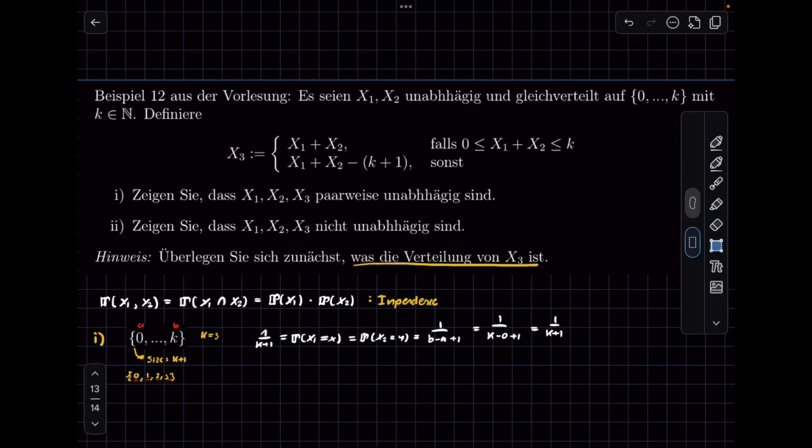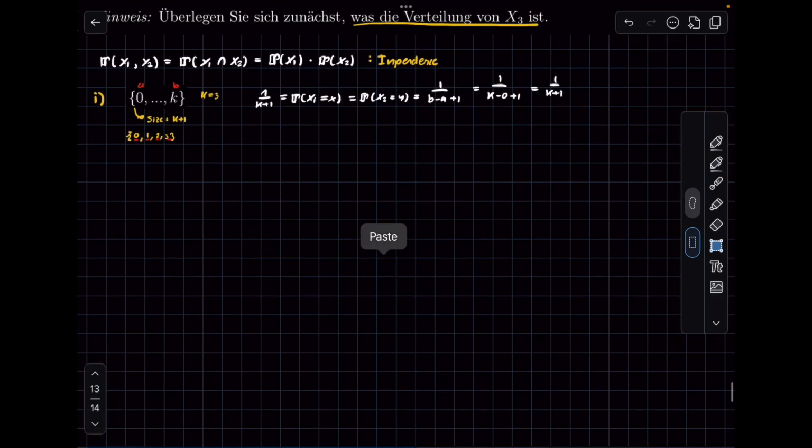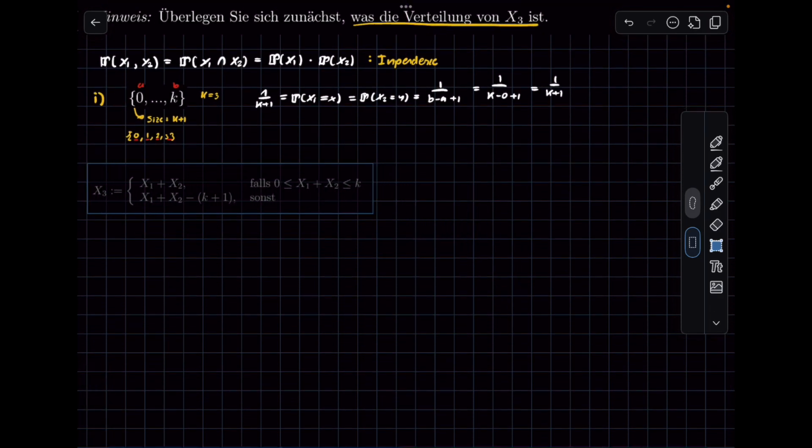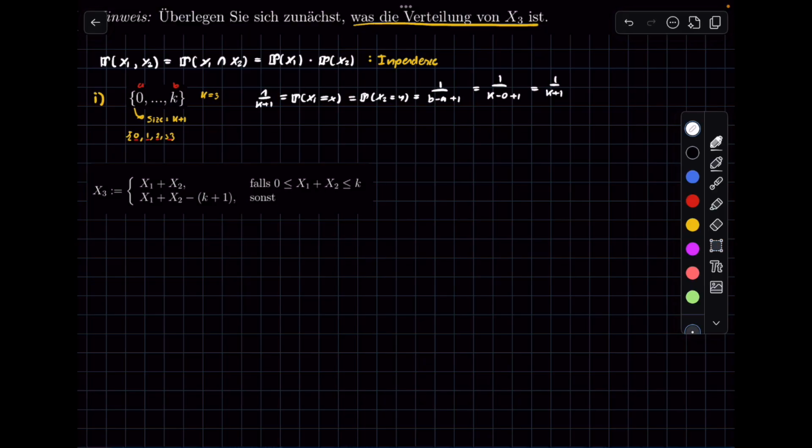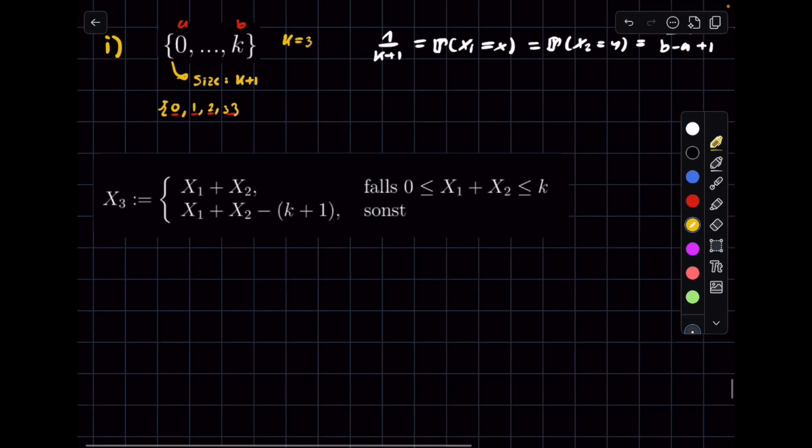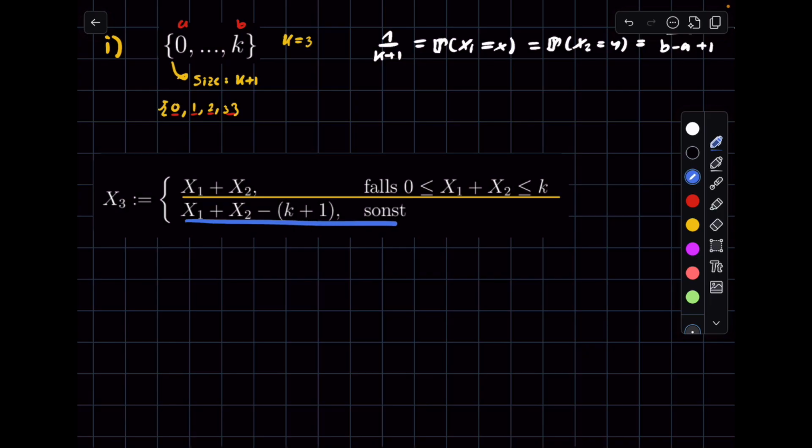Now, what is x3 defined as? Let's copy it and paste it. Simply put, we have two cases, right? We have one case, we're going to mark it as orange, and another case, we're going to mark it as blue.